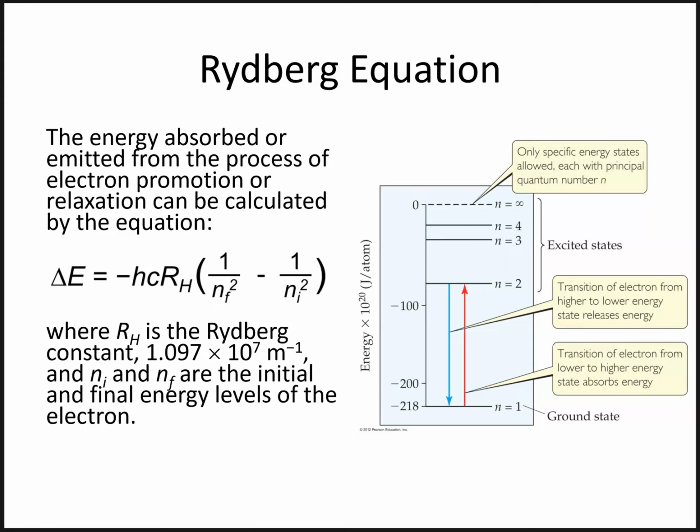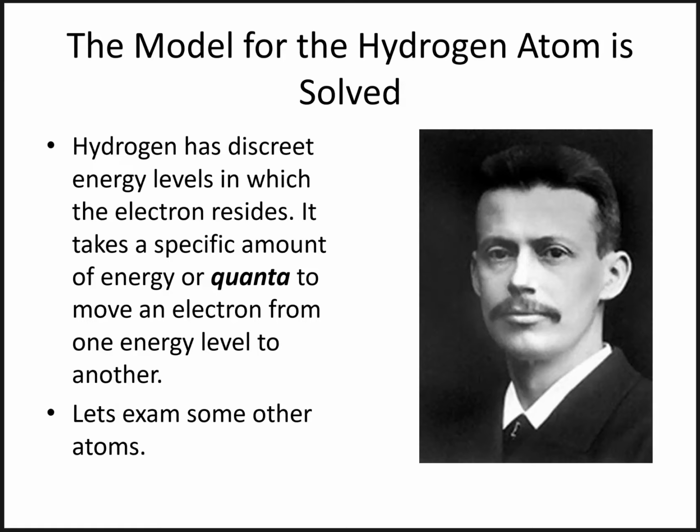So we can calculate the energy to get an electron to jump from one spot to another. And that was a tremendous leap forward in our understanding of the atom. So electrons have discrete levels which they occupy, and we call these certain levels quanta.